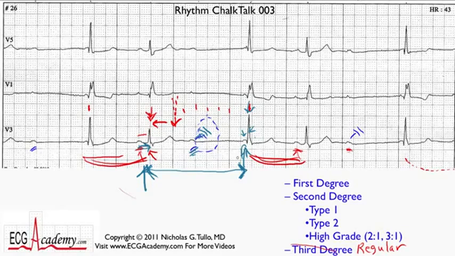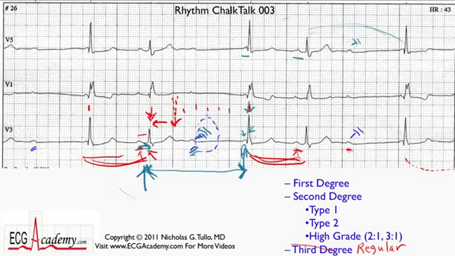Some people would look at this and say, oh, well, this must be type 1 second-degree AV block because the PR is short, and then it gets longer, and then it blocks. And someone told me that if the block is less than 2 times the previous R to R, so let me measure this.